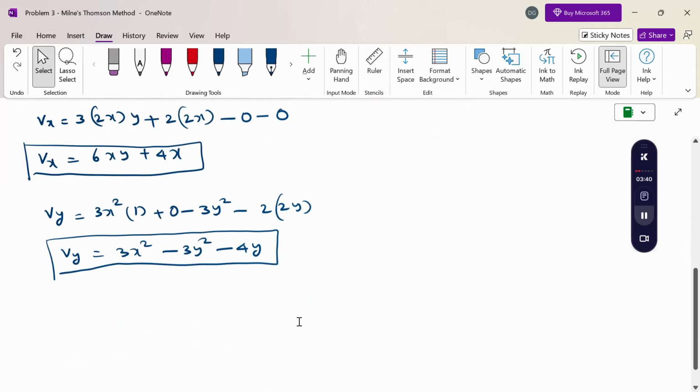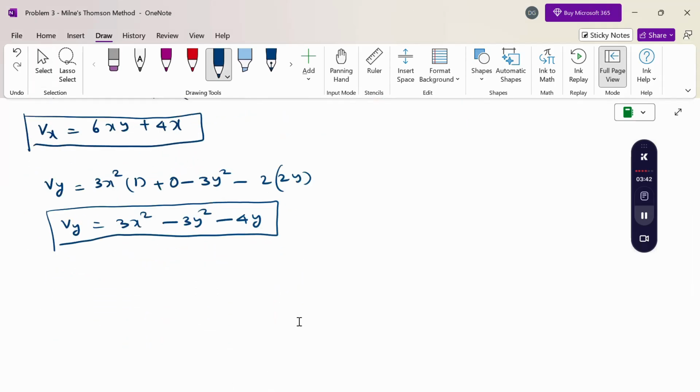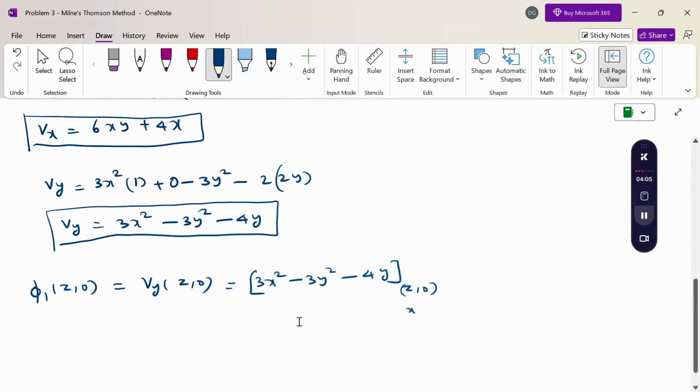Now to find phi 1 of z comma 0. Phi 1 of z comma 0 is nothing but vy of z comma 0, where x is substituted by z and y is substituted by 0. Therefore 3x square minus 3y square minus 4y at z comma 0 means x is replaced by z, y replaced by 0.